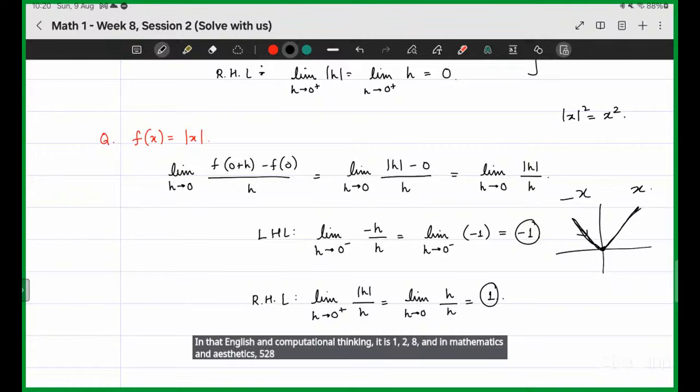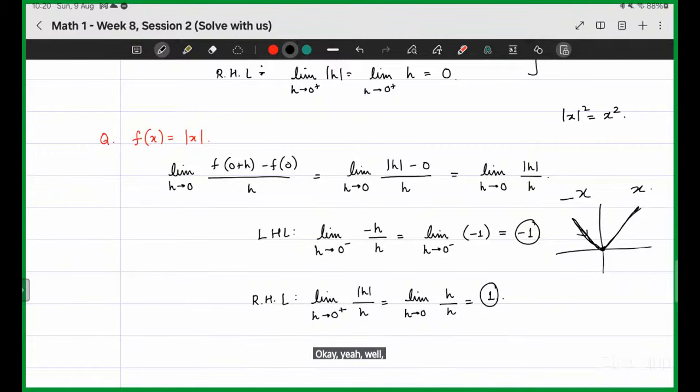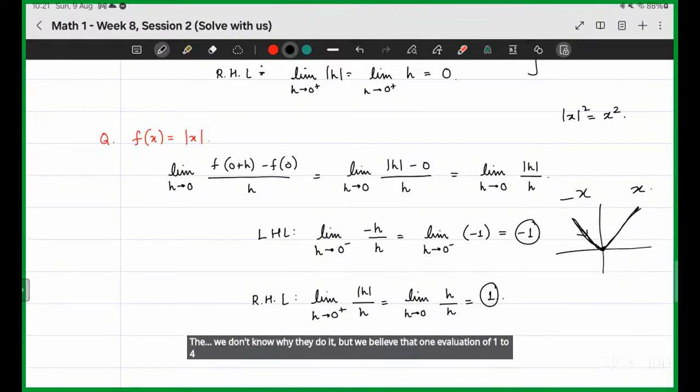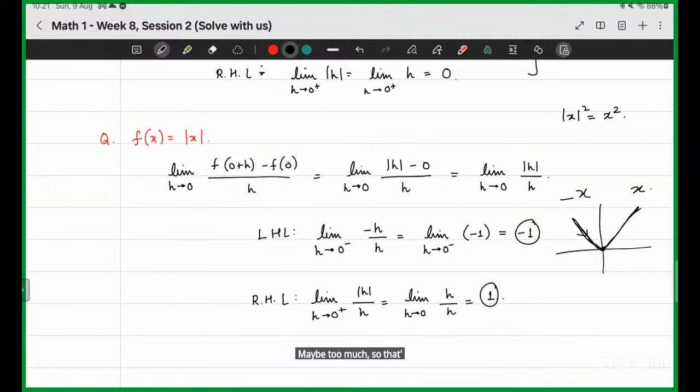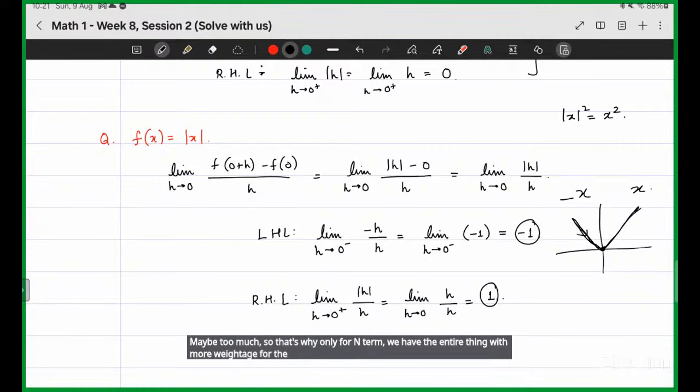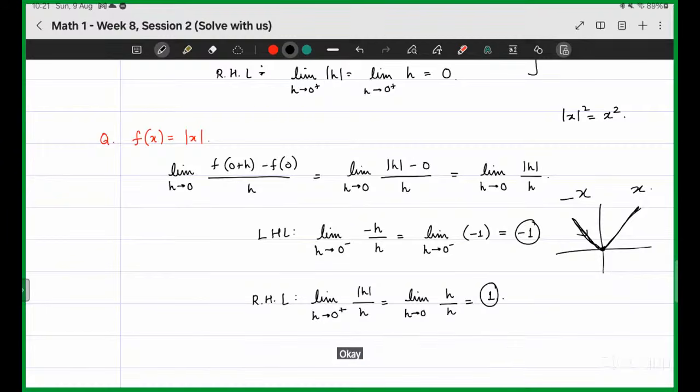Okay, yeah. Different courses have their own policies. We don't know why they do it, but we believe that evaluation of weeks 1 to 4 and 8 weeks together for a quiz may be too much. That's why only for the end term we have the entire thing with more weightage for the later weeks. So for Maths 1, it's week 5 to 8, and for the rest it's 1 to 8?